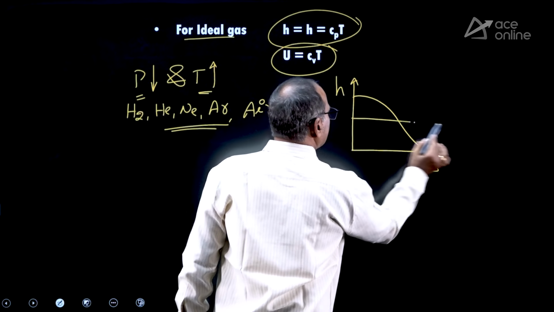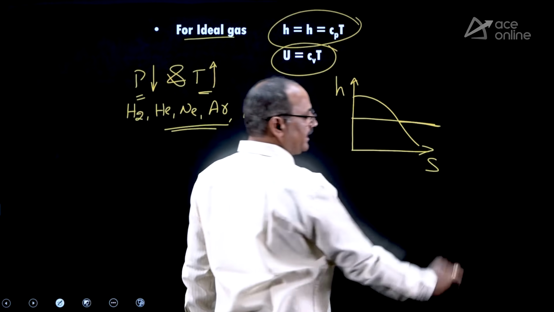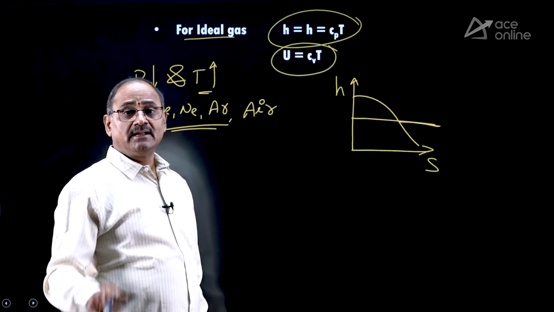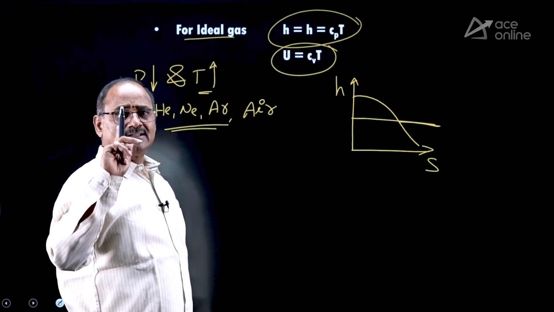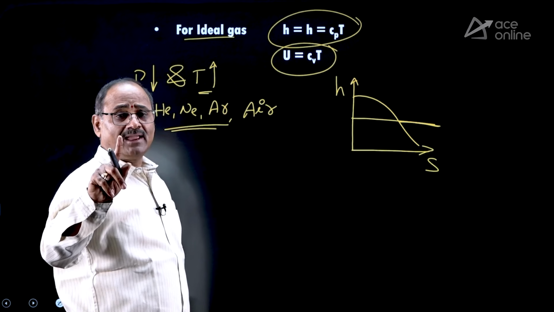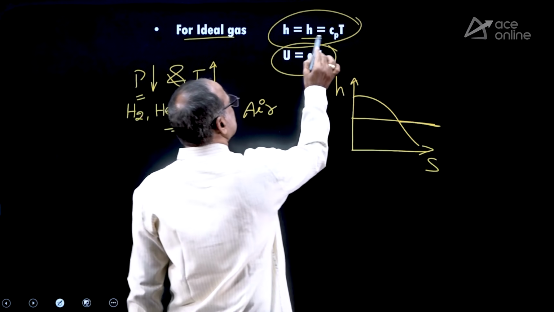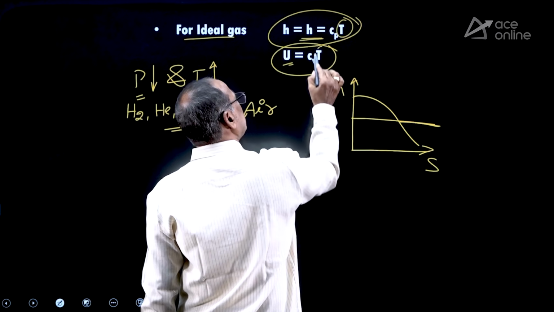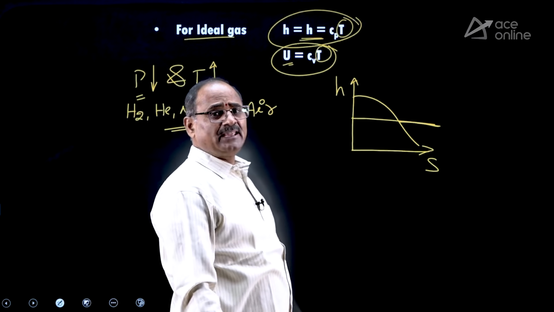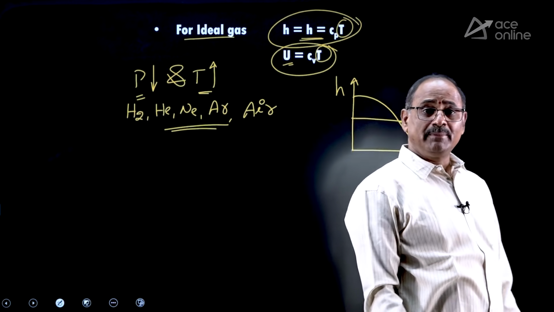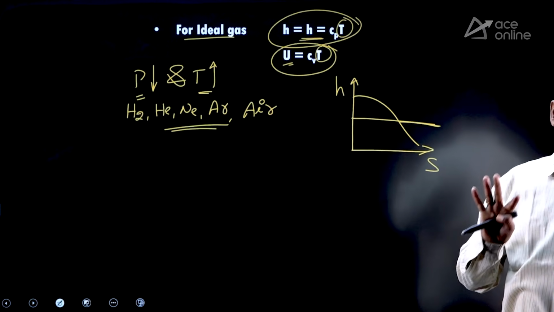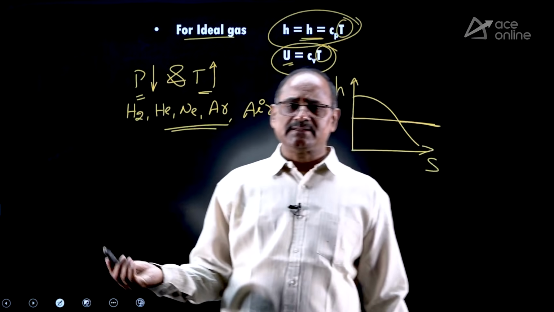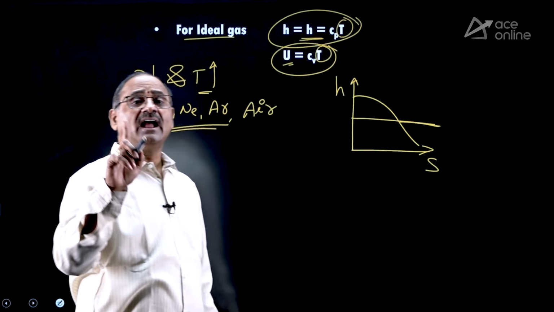This enthalpy line should be coinciding with the superheated temperature line under low pressure region, because under low pressure region the superheated vapor behavior is very similar to ideal gas behavior. For any ideal gas, enthalpy is depending on only temperature and internal energy depending on only temperature, because Cp and Cv are remaining constant for any ideal gas. Cp and Cv never change with change in temperature and change in pressure for any ideal gas only.